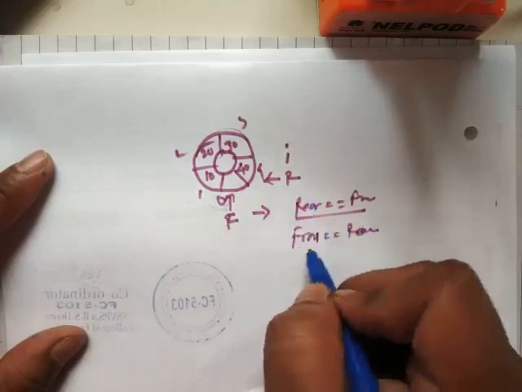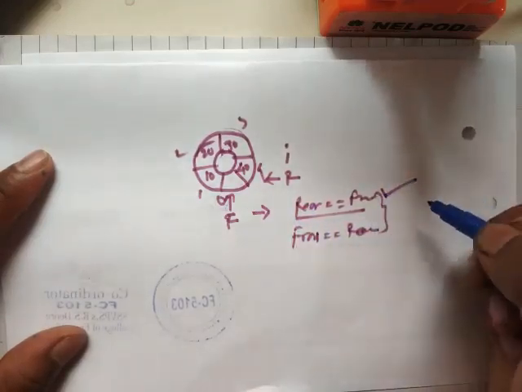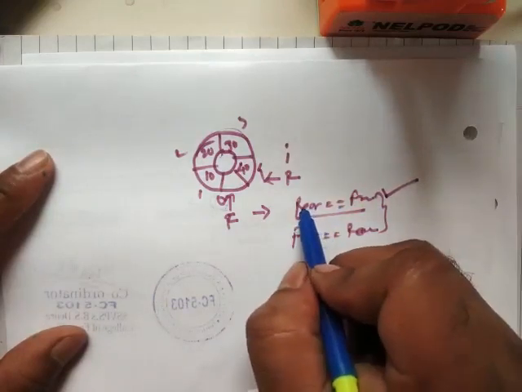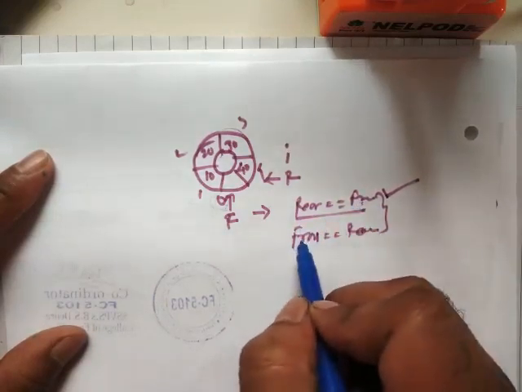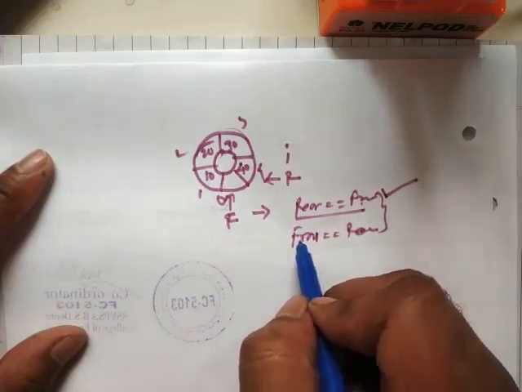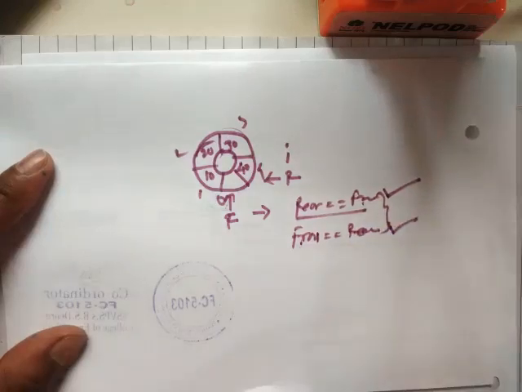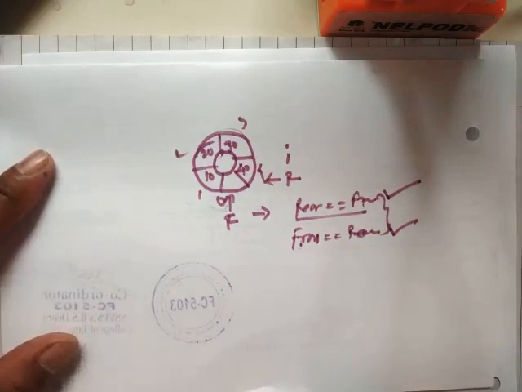The meaning is the same. It creates an ambiguity. When we check for the queue full condition, we use the same condition, rear pointing to front, and when we check the empty condition, again we check front pointing to rear. It is the same condition for both empty and full.